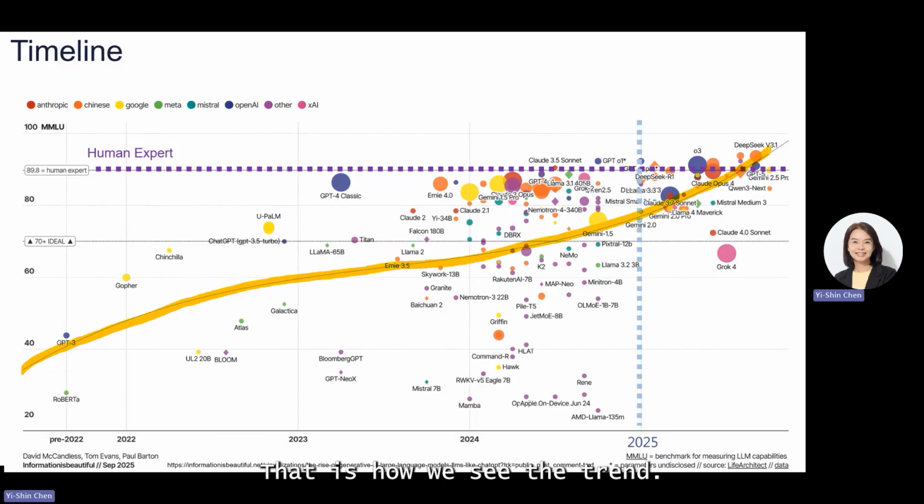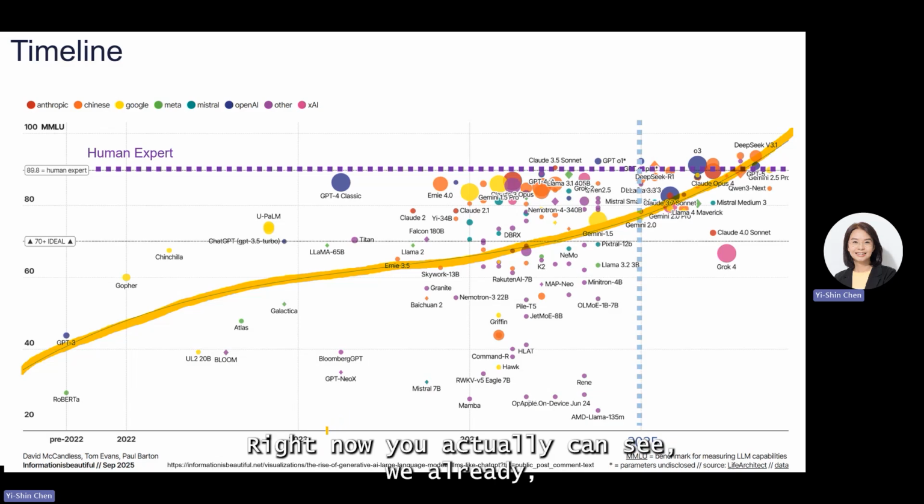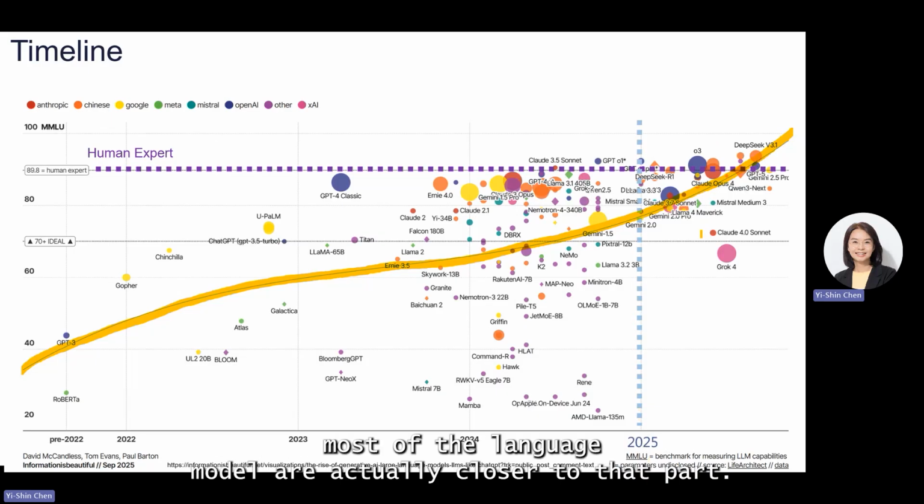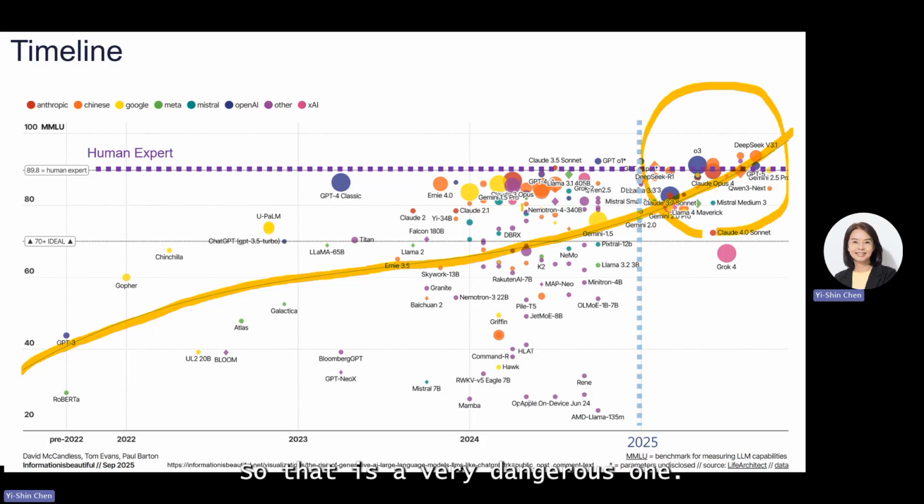That is how we see the trend of the ability of large language models right now. You can see we have already surpassed the human experts' ability, getting much better. And particularly after 2025, most language models are closer to that part. So that is a very dangerous one.